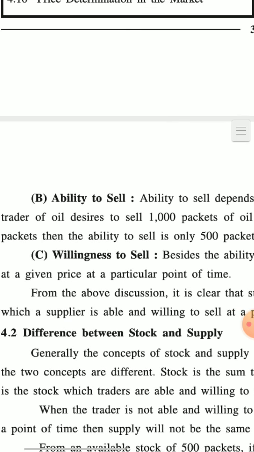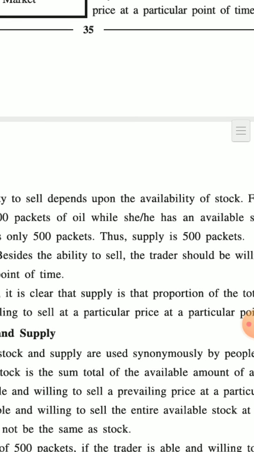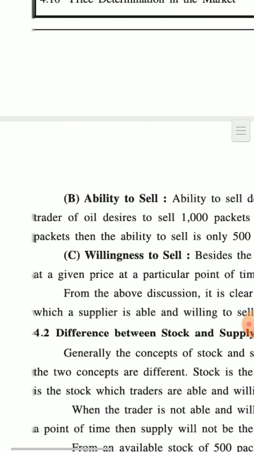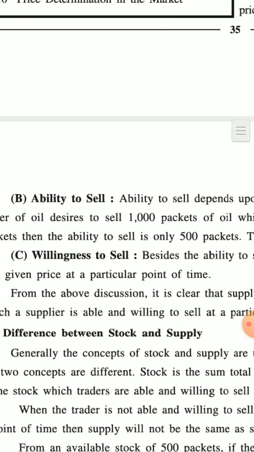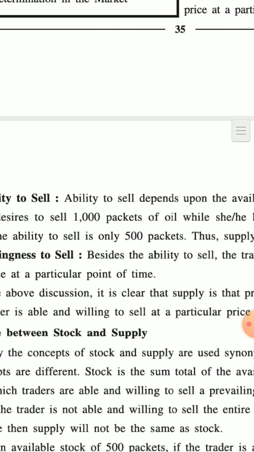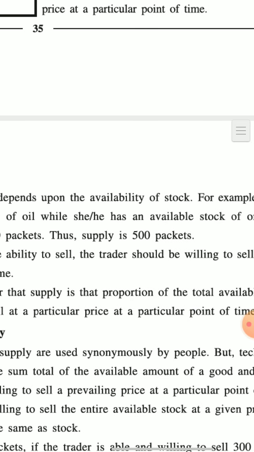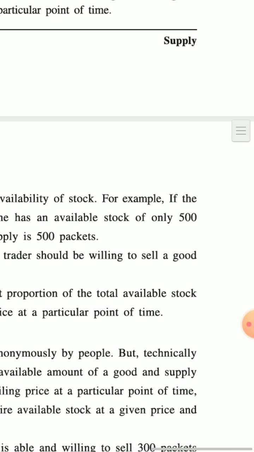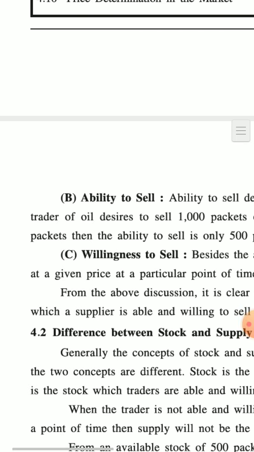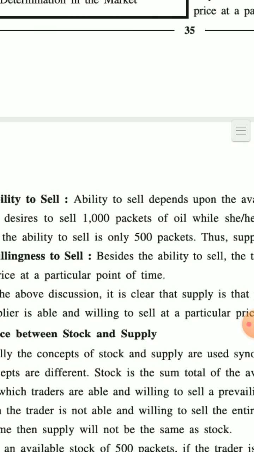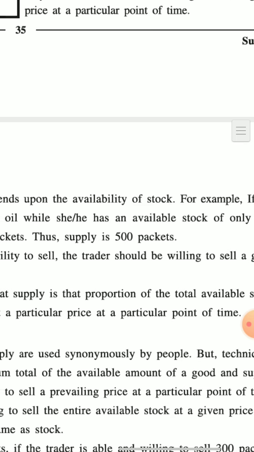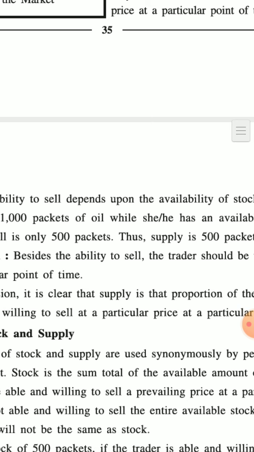Next, ability to sell. Ability to sell depends upon the stock. For example, if he desires to sell 1000 packets of oil when he has only 500 packets available, then the ability to sell is only 500 packets, thus the supply is 500. Sometimes he has the desire to sell more, but he does not have the stock.